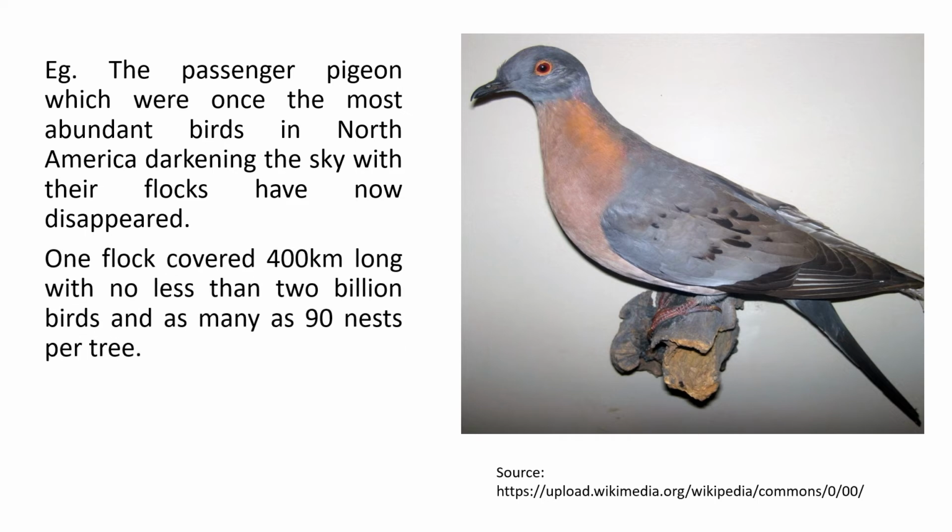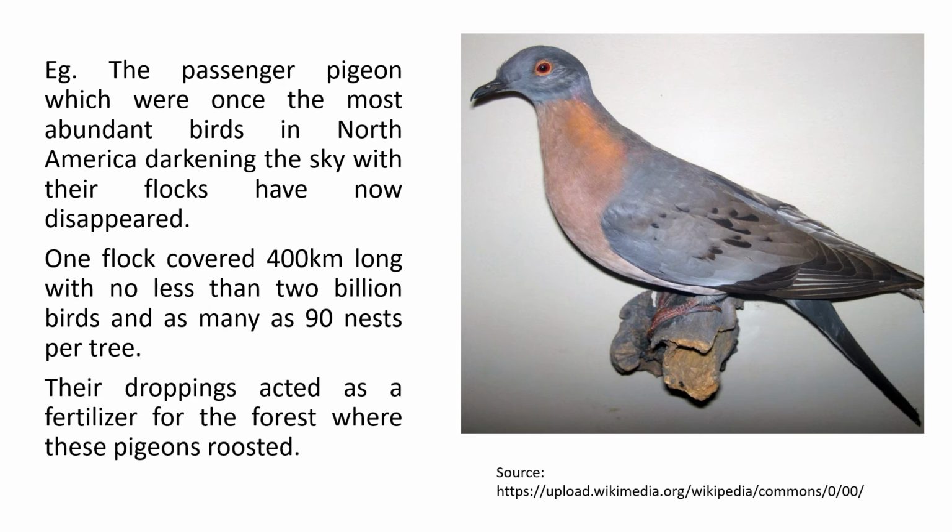Their flock covered about 400 kilometers long with no less than 2 billion birds and as many as 90 nests per tree. The droppings of these birds acted as a fertilizer for the forest where these pigeons roosted.